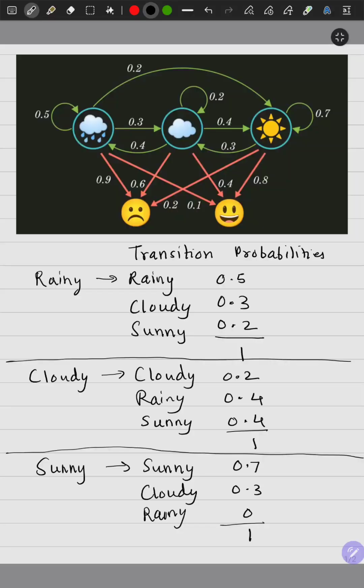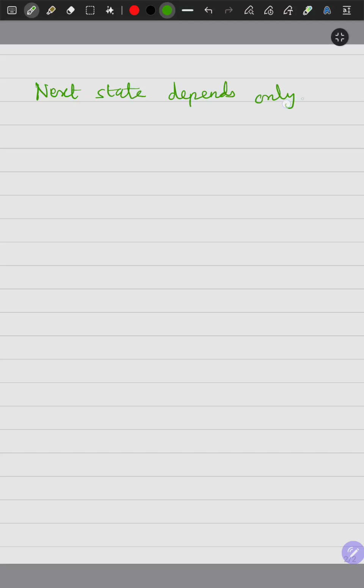So this entire green part, the part that is formed with the transition probabilities, is called a Markov chain. What is the Markov principle or Markov assumption? It is that the next state depends only on the current state and not on the full past history.